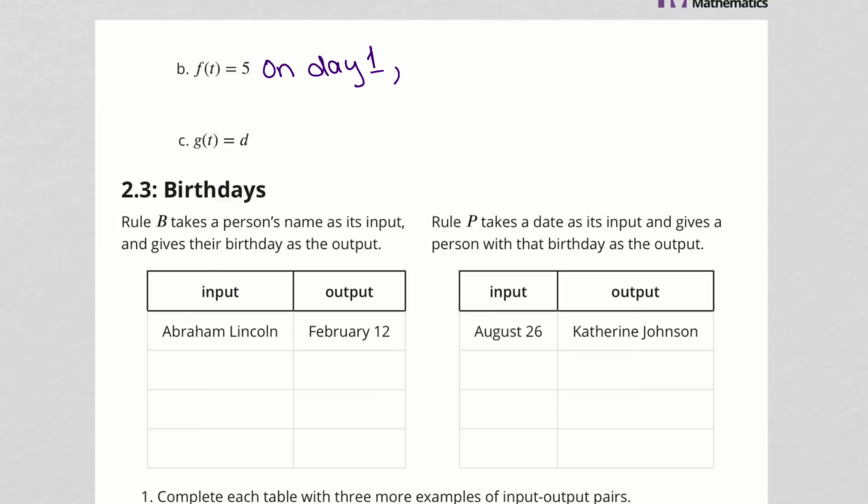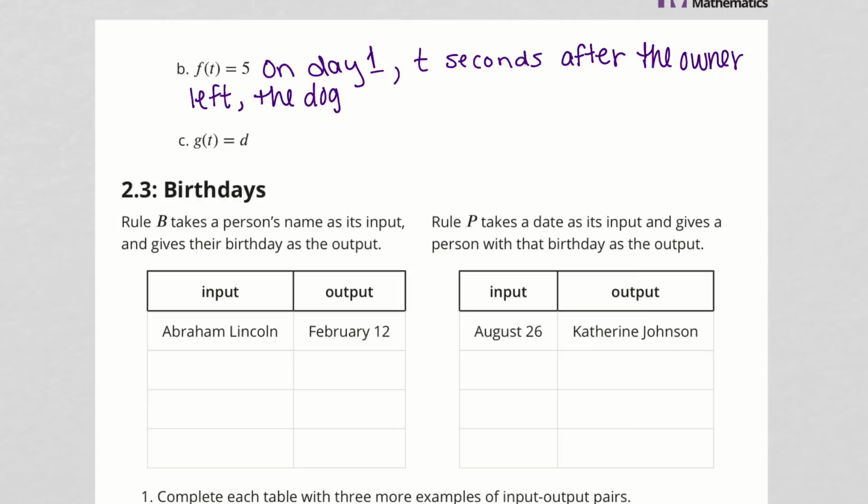T. So T seconds after the owner left, the dog was how many feet? 5. Was 5 feet from the post.